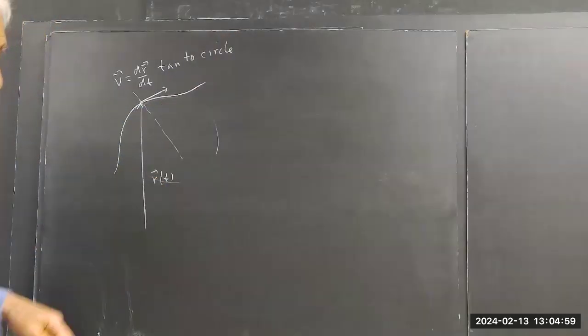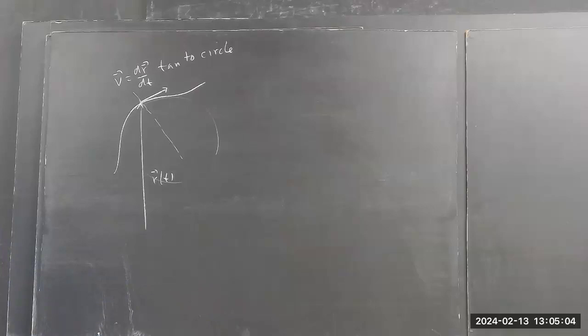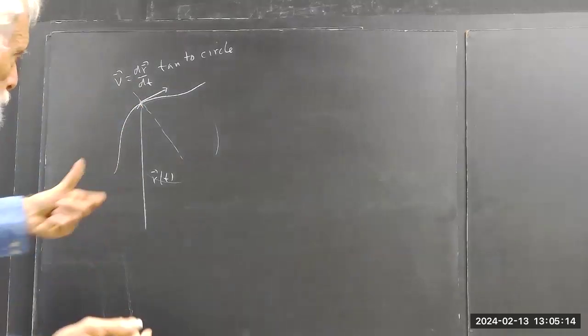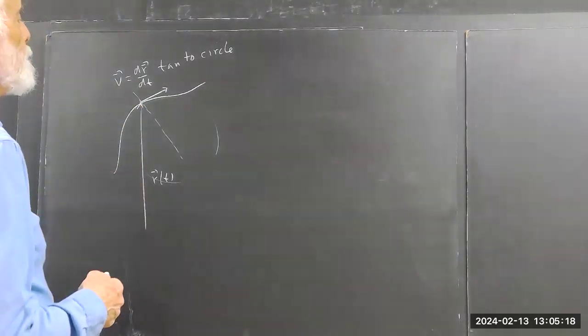If we want the unit tangent, we divide this by its magnitude. I think in terms of rate of change with respect to the parameter, it's still the same concept. Okay, here's r(t).